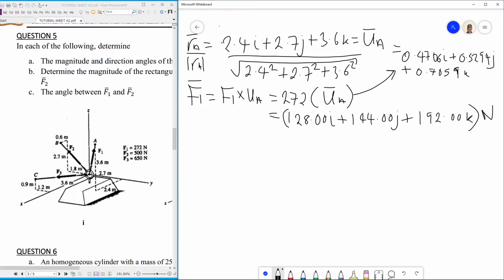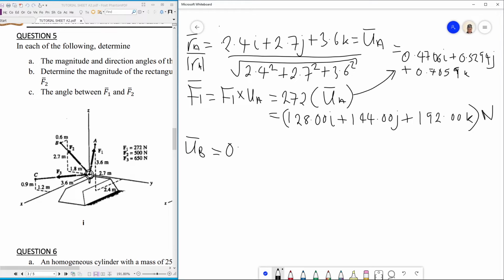So the unit vector in the direction of B will be equal to, let's see, the x component.